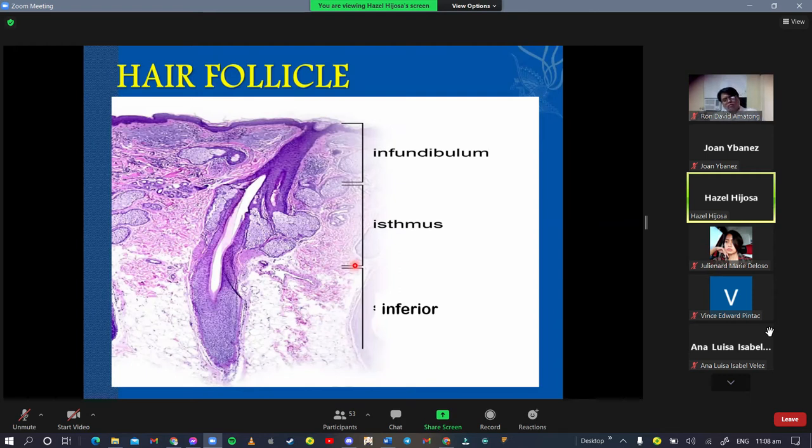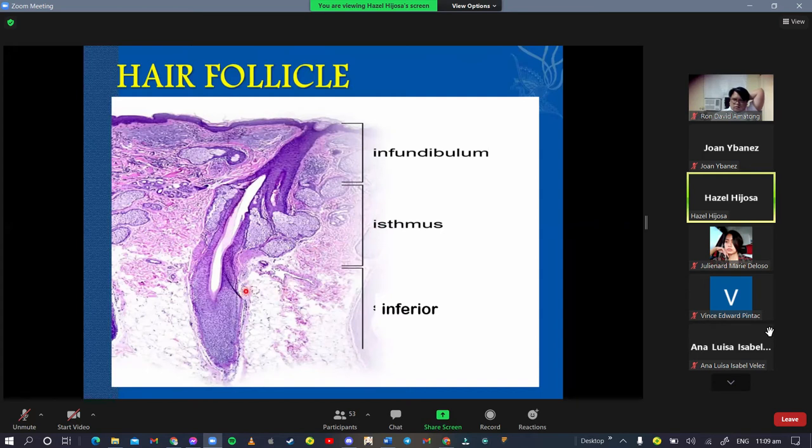It is composed of three segments. The first is the infundibulum, which extends from the surface opening of the hair follicle down to the level of the opening of the sebaceous gland. From this level down to the insertion of the erector pili muscle is the isthmus, the middle portion of the hair follicle.